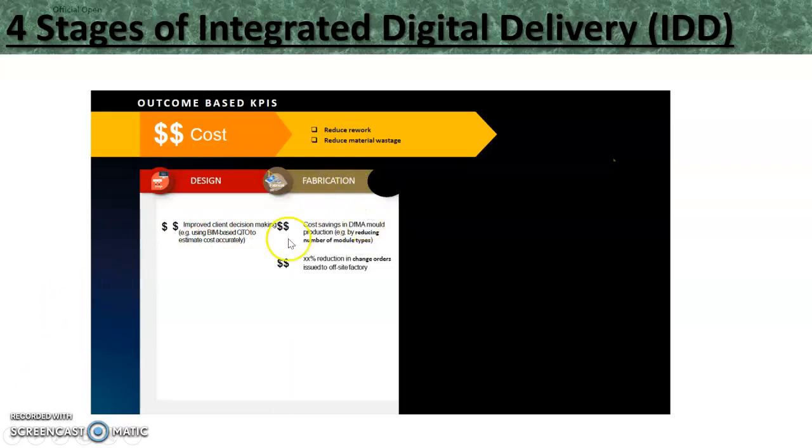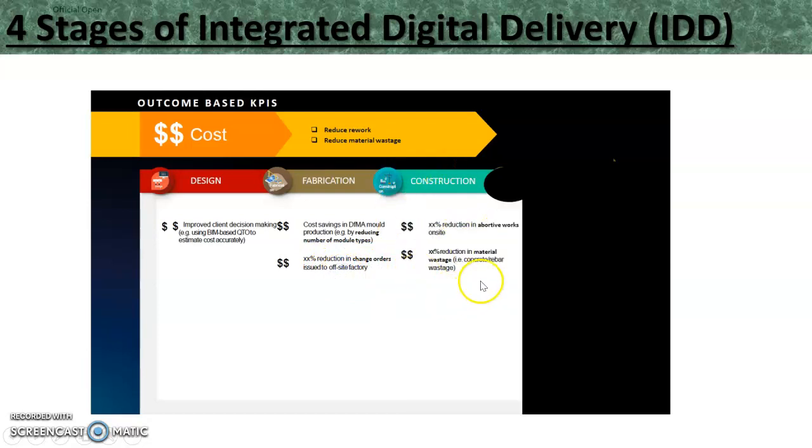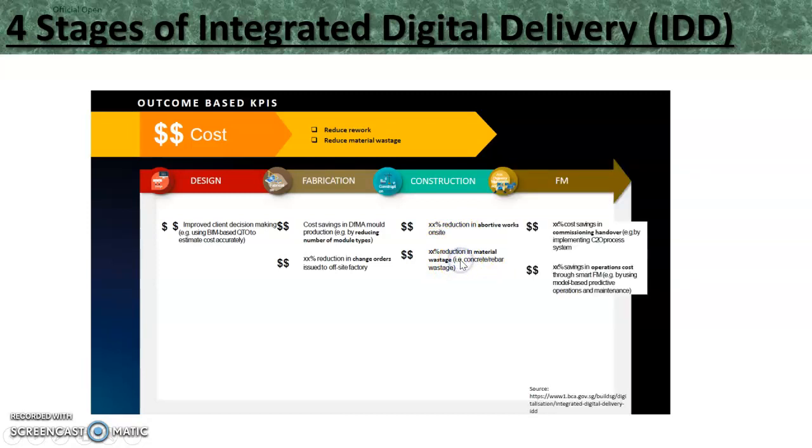The fabrication team can target cost savings in DFMA, the mold production, or percentage reduction in the change order issued to the offsite factory. The construction team can target a percentage reduction in abortive work on site, or percentage reduction in material wastage. And the FM team can target percentage cost savings in commissioning handover, or percentage savings in operational costs through Smart FM.